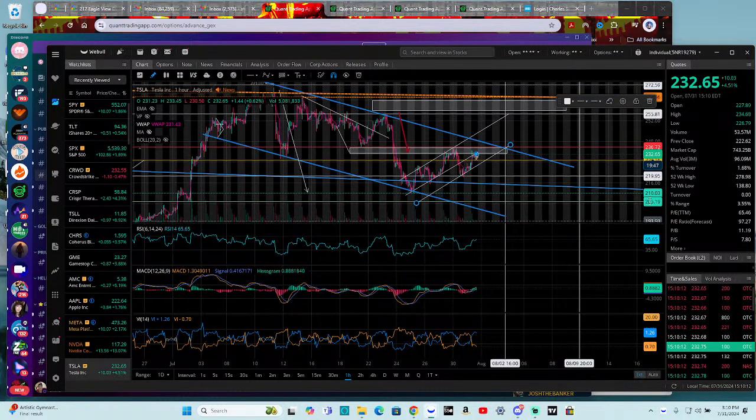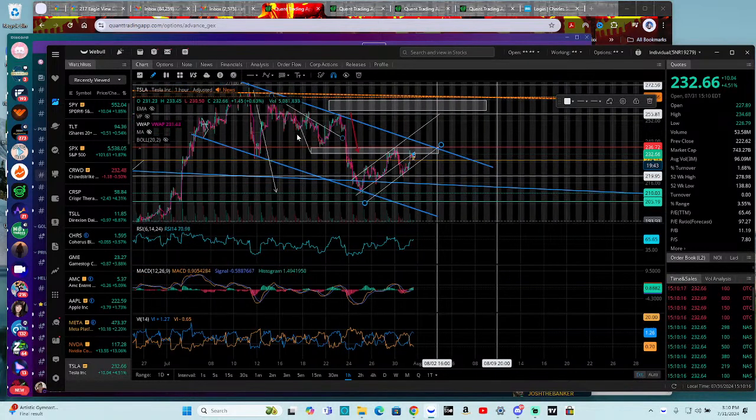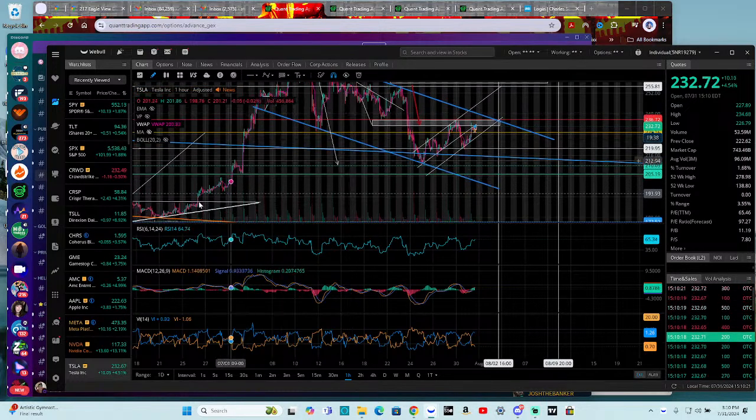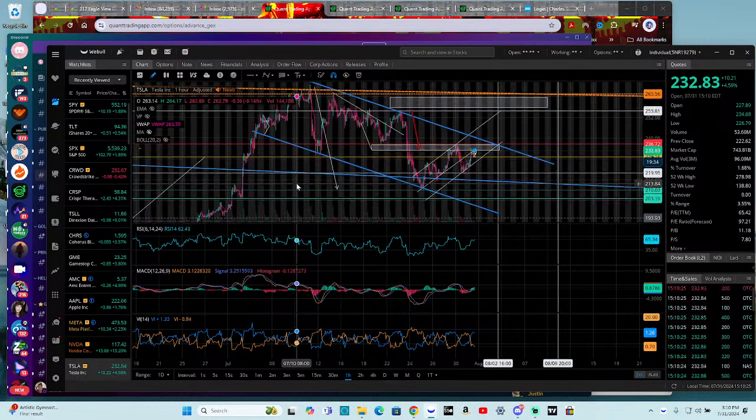This is where technical analysis gets real fun. So we're in this downtrend. This is the bigger channel, downtrend, which could arguably be a flag, right? Nah, definitely not a flag. Downtrend, reach the bottom, and now as we're reaching the top, we're running into resistance.